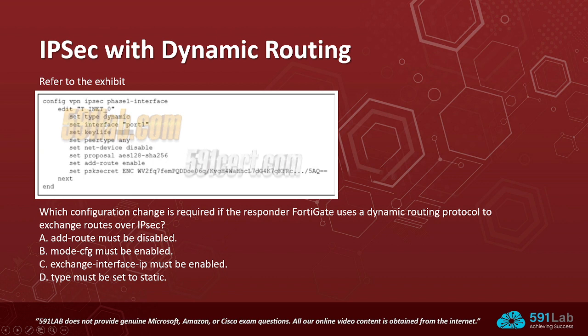So we can see there we have this configuration, and the options that we have are option A that now must be disabled, mode CVG must be enabled, exchange interface IP must be enabled, and type must be set to static. So for this one, we are going to take a look at the official documentation.